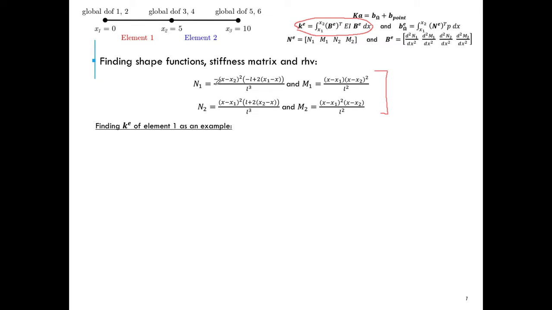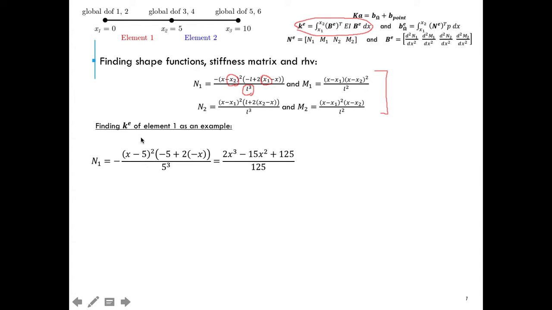Let's say we start with n1. Clearly, if we look at the expression for n1, all it has is the nodal positions, x2 and x1, the position of node 1, the position of node 2, and L, the length of the element. These are the only pieces of information that I need to find n1, and all I need to do is substitute those values into this expression.